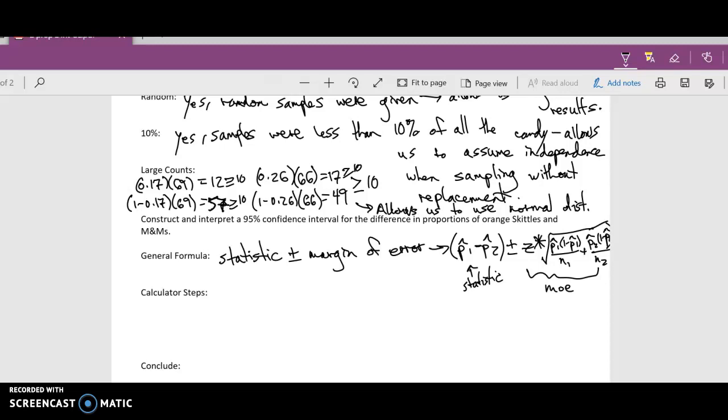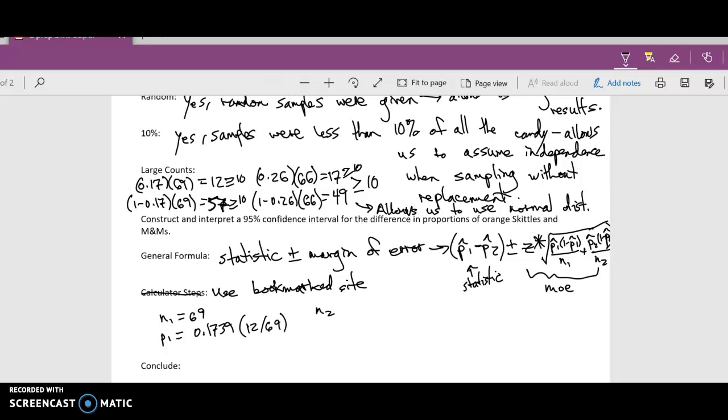Okay, calculator step. Well, we're going to use the bookmark site. I'm going to walk you through that. N1 is 69. P1 is 0.1739. It's 12 divided by 69.